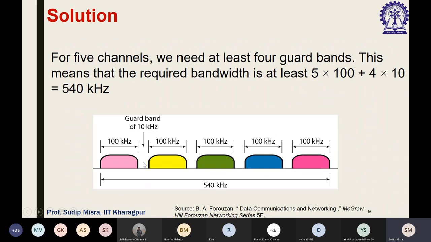How many guard bands will be required? We have 5 channels, 1, 2, 3, 4 and 5, so between them we have 4 guard bands. 4 guard bands give you 40 kilohertz, and the 5 channels give you 500 kilohertz. So 500 plus 40 is 540. 540 kilohertz is the correct answer. Very good. Let's now move ahead.